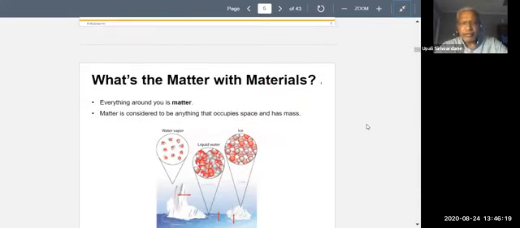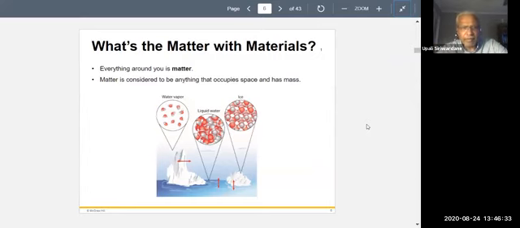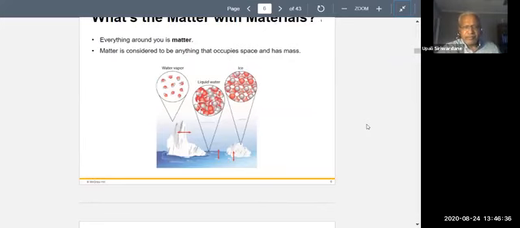Now, since we talk about the materials that make up the cell phone, we're going to look at material classification a little more in detail. As we said before in the introduction, matter is around us, everything around us we can touch and feel. The definition of matter is something that occupies space and has mass.